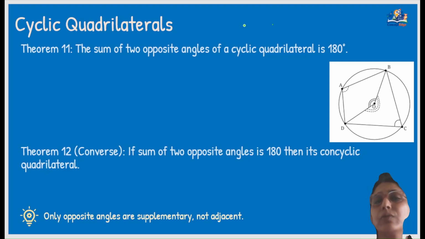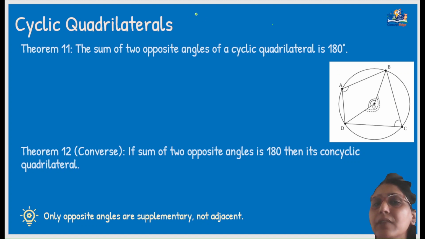Now we are going to solve theorem 11, which is based on the cyclic quadrilateral, when the points are concyclic on the same circle. It says that the sum of two opposite angles of a cyclic quadrilateral is 180.